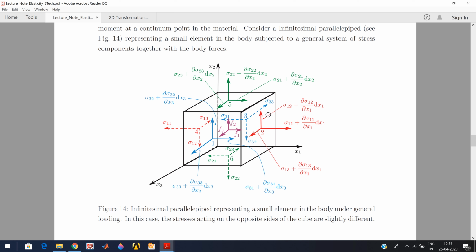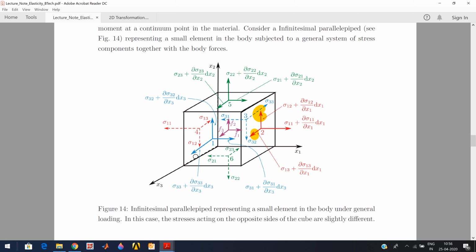You can have either sigma 1 2 or 2 1 in this place, no issues. Similarly, this can be sigma 3 2 or 2 3. So here the plane is defined as the first index and the direction along the three basis vectors is the second index, but I think they're acceptable, no issues.